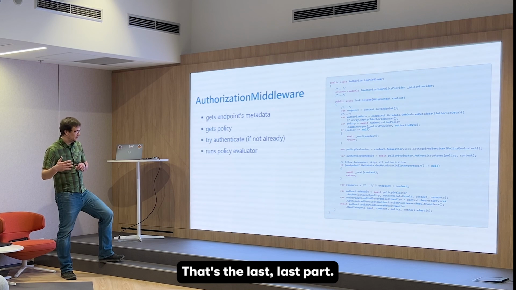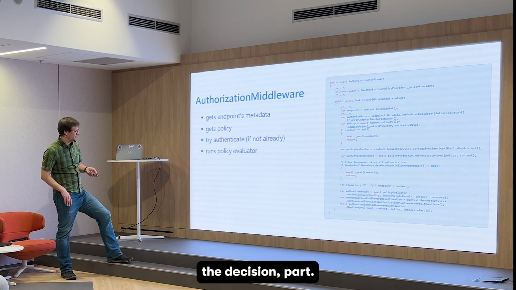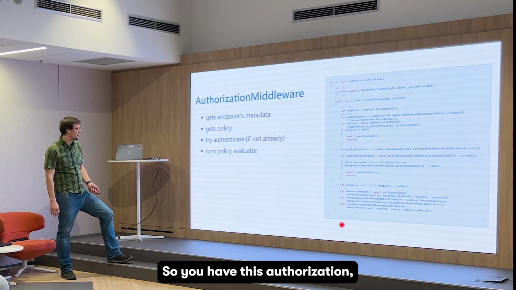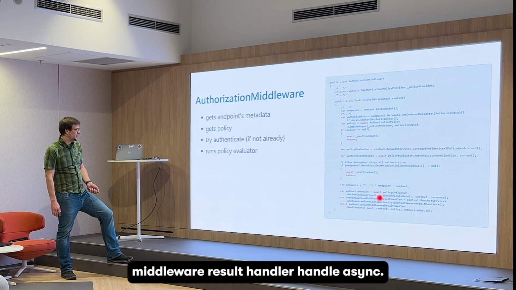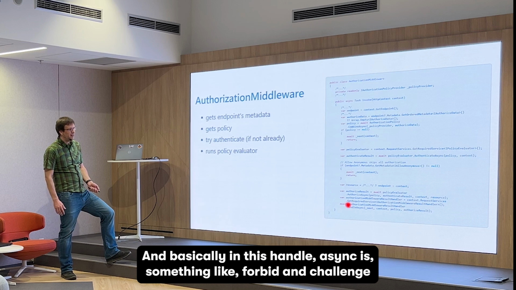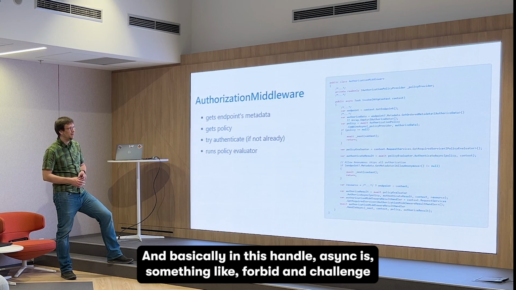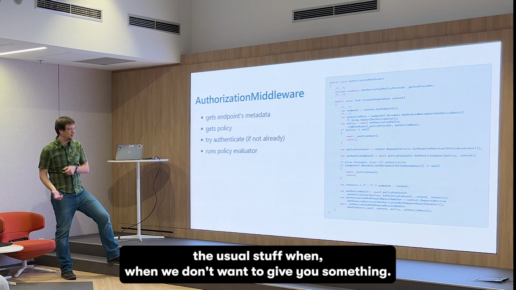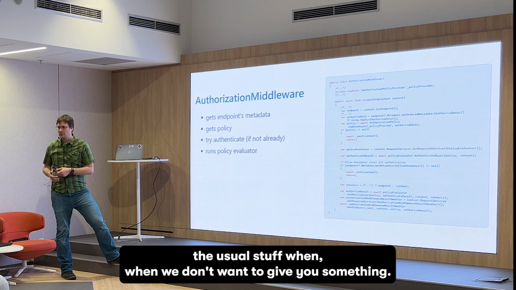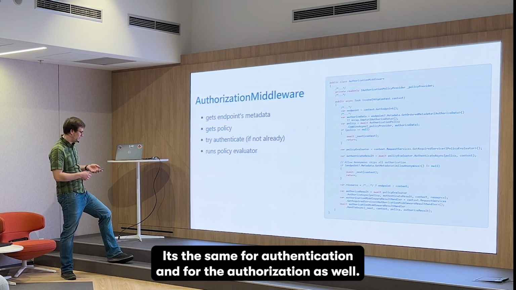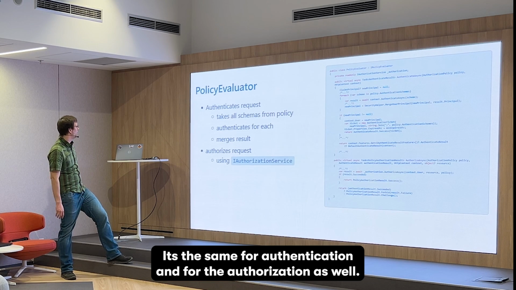That's the last part, the decision part. So you have this AuthorizationMiddlewareResultHandler, HandleAsync, and basically in this HandleAsync is something like Forbid and Challenge. The usual stuff when we don't want to give you something. It's the same for authentication and for authorization as well.